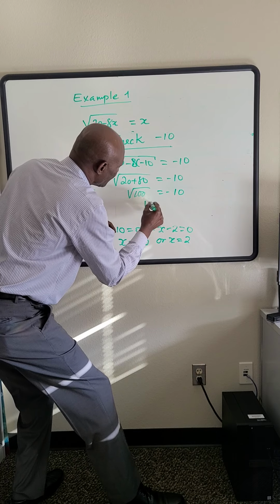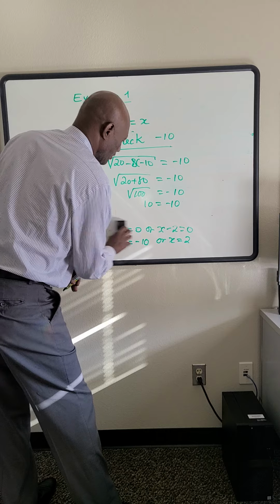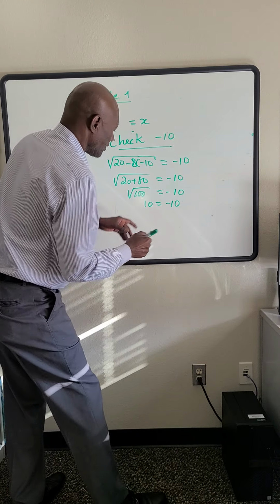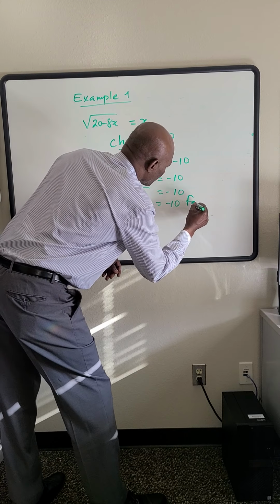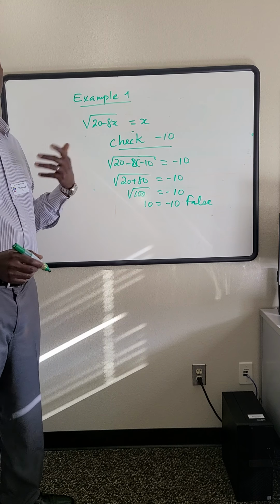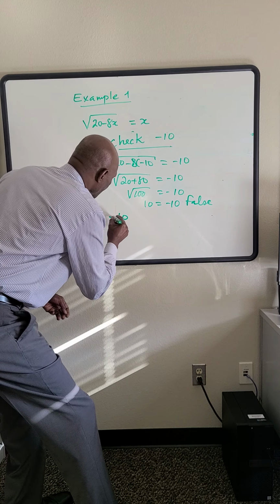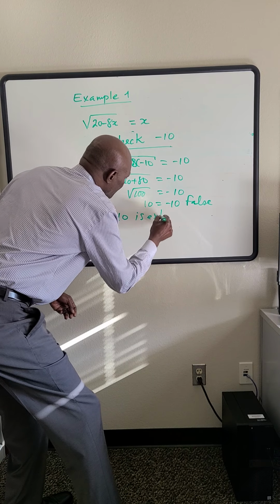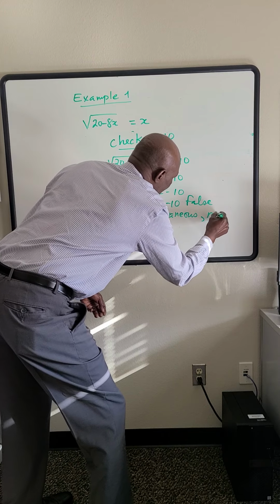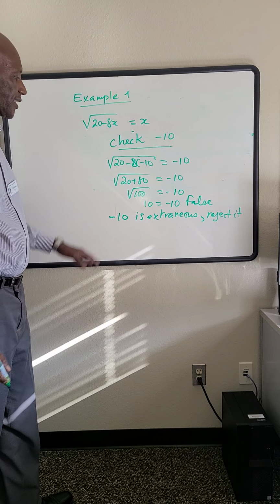Radical 100 is 10. 10 equal to negative 10 is a false equality. So negative 10 is called an extraneous solution. We have to reject it. It's not a solution.